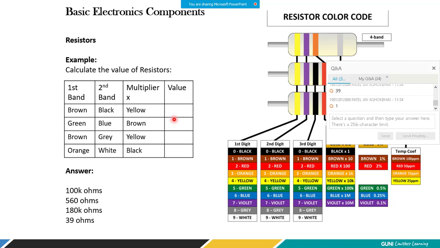Right? If you wish, you can take a snapshot of this slide, and once this session is over, you can do all this recalculation in case of any doubt. So what you understood in this session till now is that you are able to calculate the value of resistance. Now you can ask me a question: what is the importance of calculating the resistance value in the IoT subject?